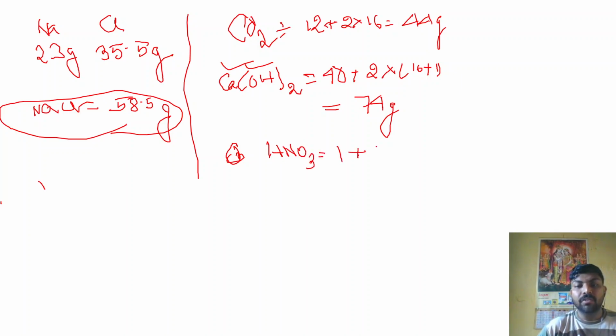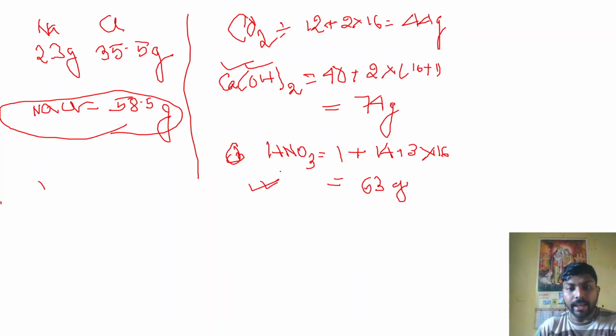It is 1 plus 14 plus 3 into 16, because oxygen has atomic mass 16. So 16 into 3 is 48, 48 plus 14 is 62, plus 1 is 63. So nitric acid has the value 63. Like this you have to solve all the problems, and in this way you can easily get an idea about the molecular mass and formula mass.